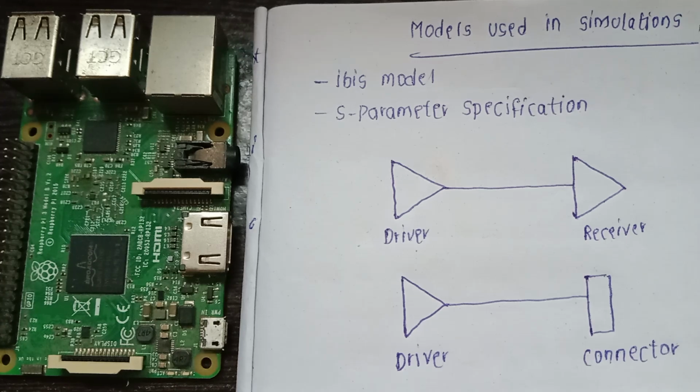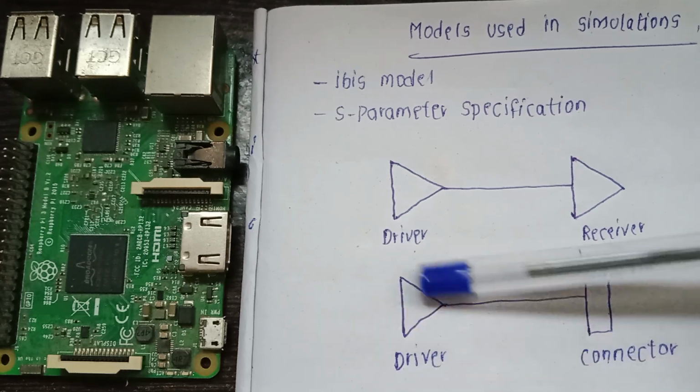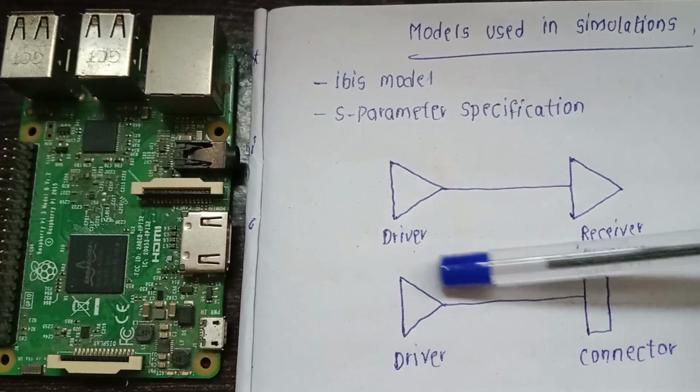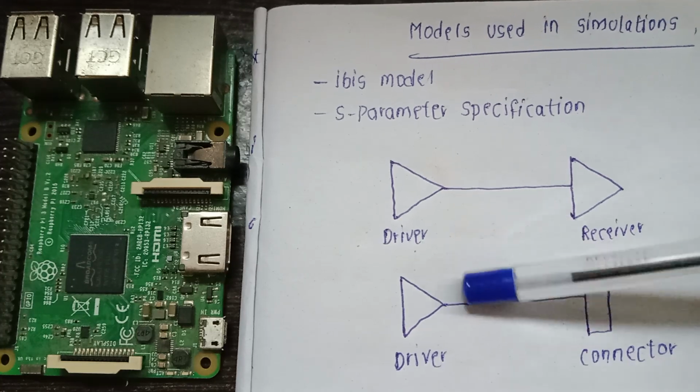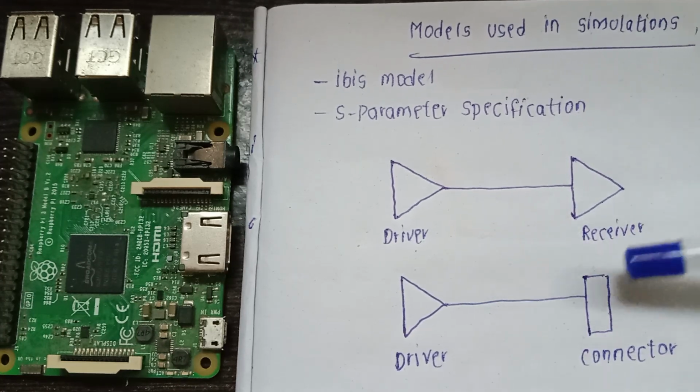Then there could be another scenario, for example a backplane communication or add-on boards on your main PCB, where you have a main board and an add-on card. In those scenarios, you have an IC with an internal driver for that specific interface, and you route the signal on the PCB to the connector.